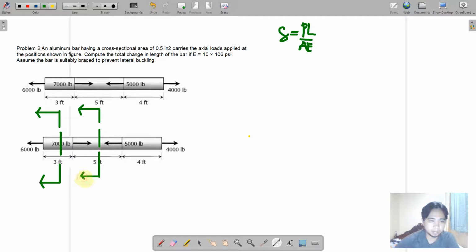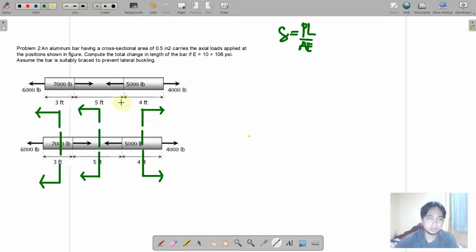And then for the last segment, you can cut this one, and obviously life would be easier for us if we consider the right portion because it has lesser details on the right.